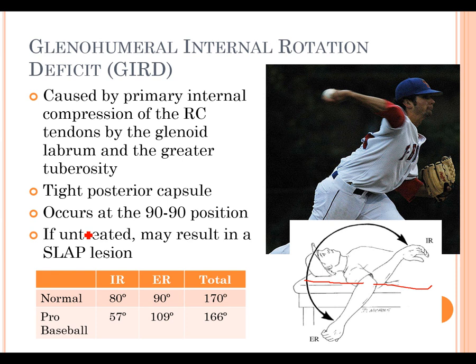Then you see a baseball pitcher who might have 120 degrees of external rotation and 60 degrees of internal rotation on their right arm, on their throwing arm. So they still have 180 degrees, which is normal for them, but that arc has kind of shifted a little bit, where they have more external and less internal.